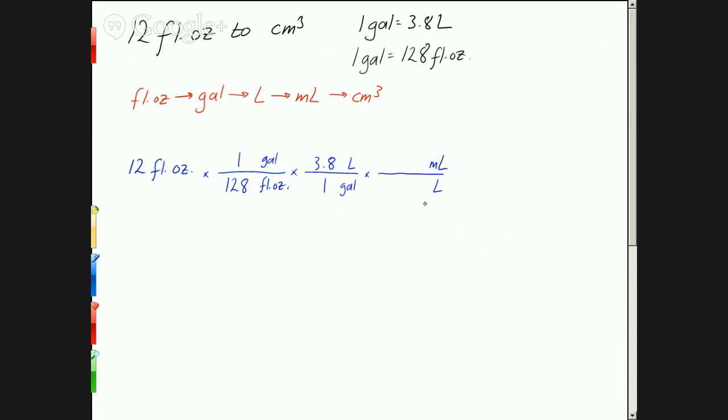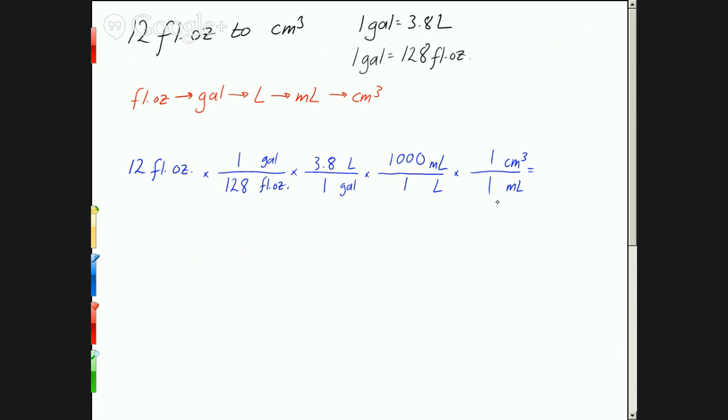Now this one isn't given because you're supposed to know this one, so what's the numbers that go here? 1,000 milliliters. Yeah, 1 liter is 1,000 milliliters. And then we've got milliliters to cubic centimeters. What's the conversion there? 1 to 1, because they're the same measure, or the same amount of stuff, the same volume. So 1 cubic centimeter is 1 milliliter.